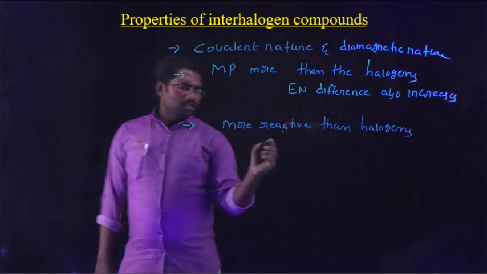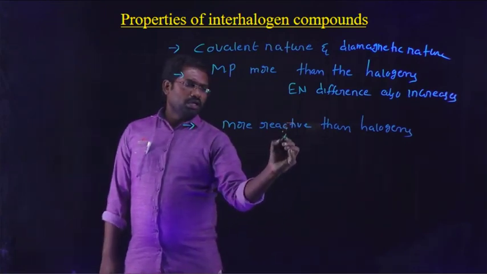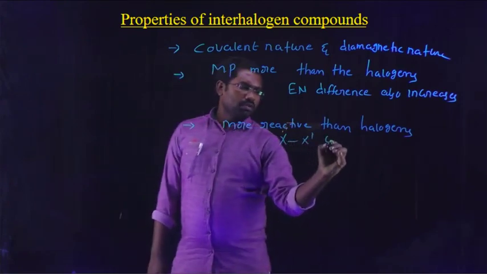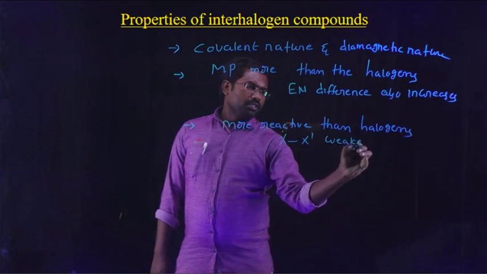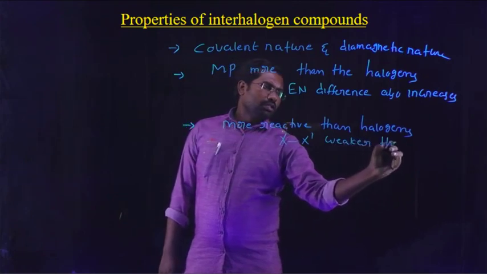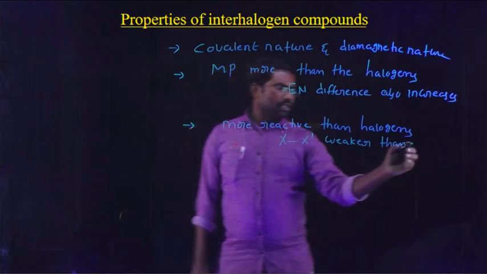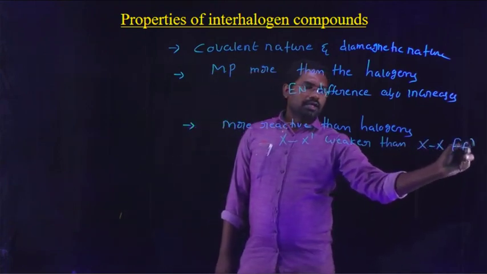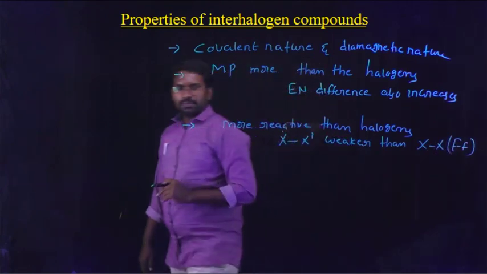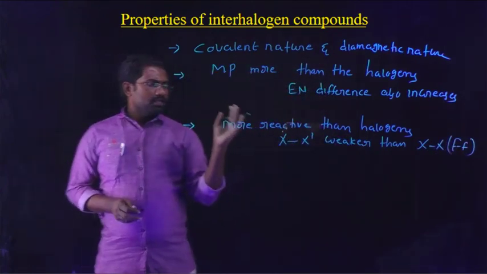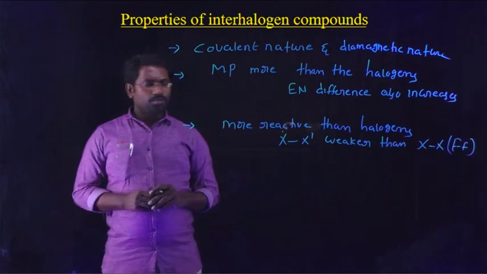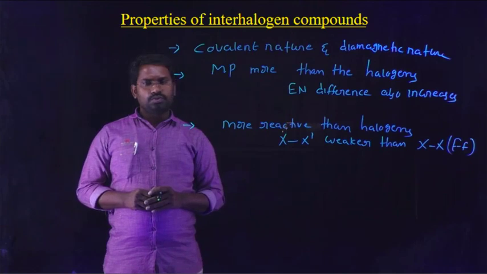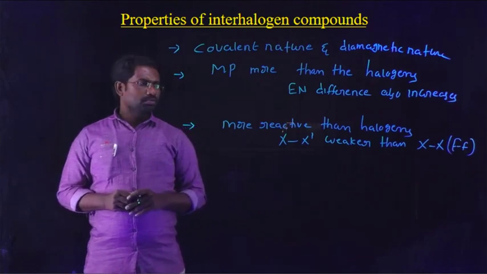Because in an interhalogen compound, the XX' bond is weaker than the bond present between the halogens, except fluorine, the FF bond. So except fluorine, the XX' bond present in an interhalogen compound is a weaker bond. That's why they are more reactive with other compounds.